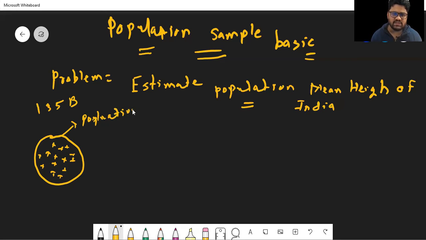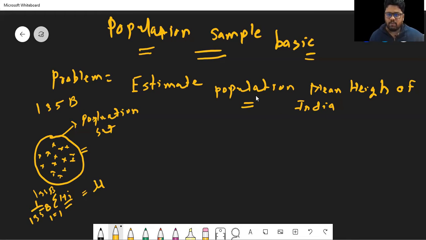In this population set you will have the height of all the people living in India. Then you sum all the people's heights, with i going from 1 to 135 billion, and divide that sum by 135 billion. In this way you calculate the population mean, which is generally denoted by mu.